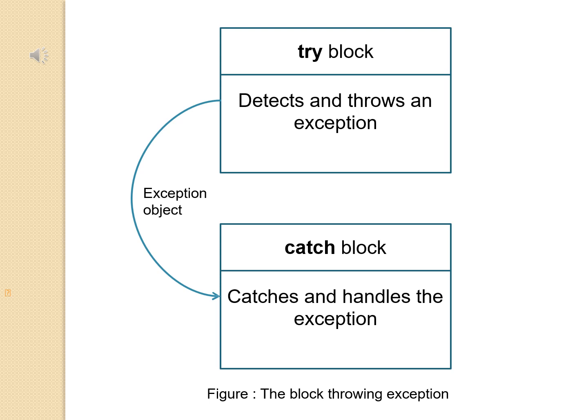If the type of the object thrown matches the argument in the catch statement, the catch block is executed. The catch can have different types of arguments that will be explained later. So whenever the exception arises, the control transfers to the catch block and it is handled there.